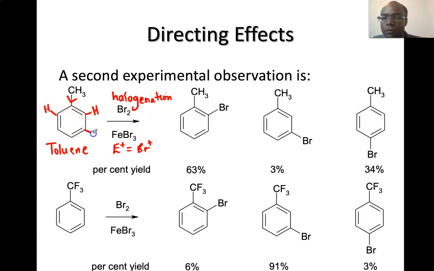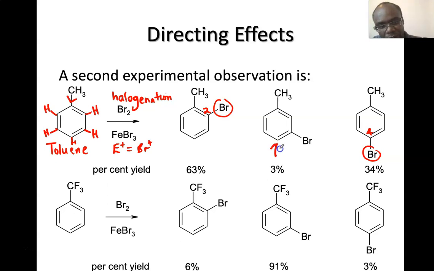So when toluene was reacted with it, it was found that the bromine, the electrophile, ended up mostly here and here, like on the second position and the fourth position.